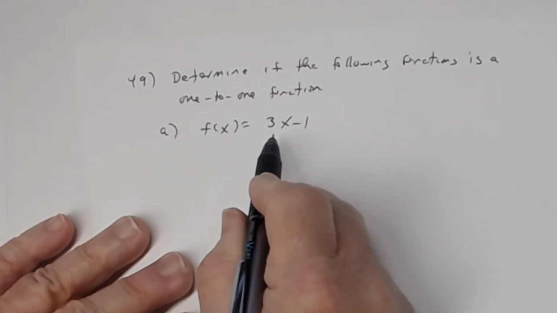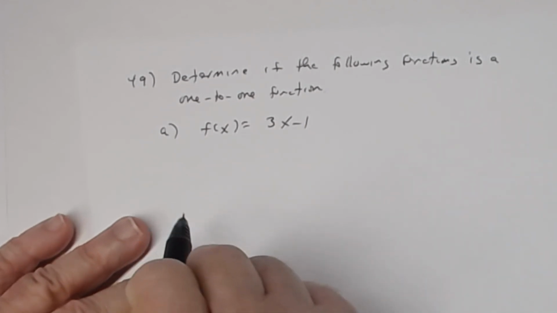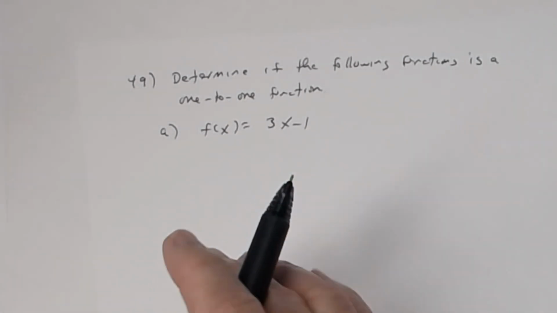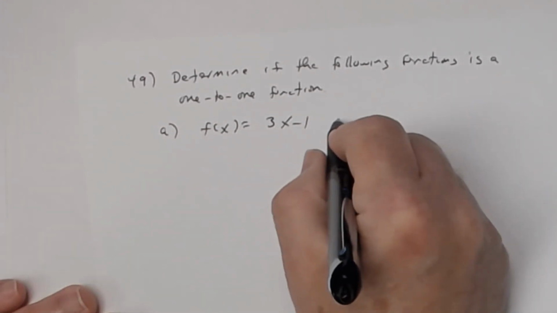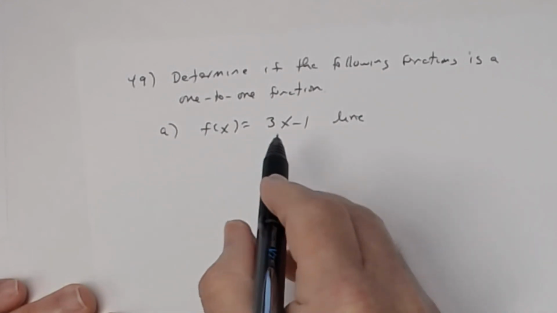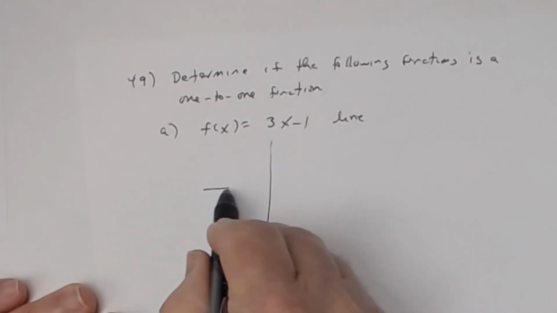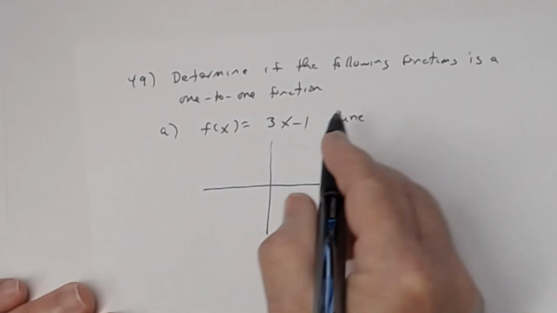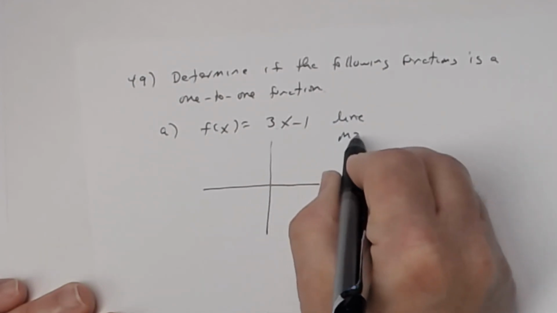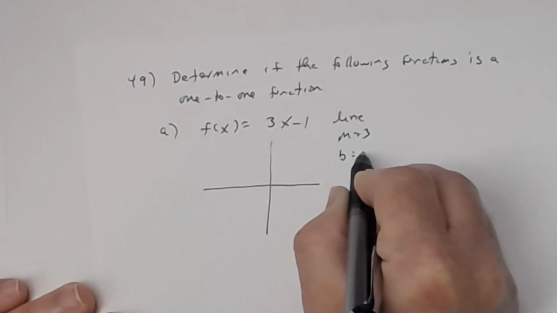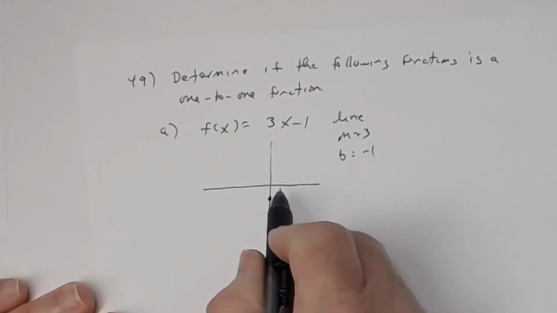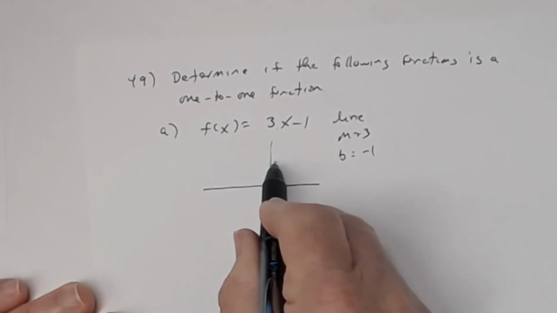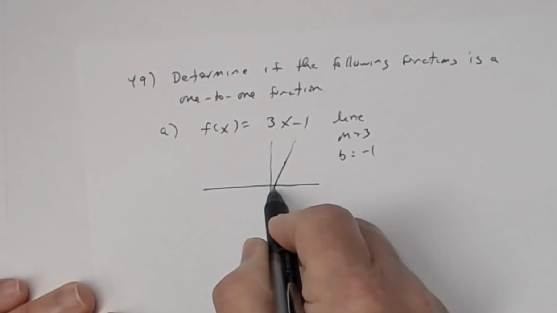And so if I look at f of x equals 3x minus 1, and you just have to do this in your mind, right? You don't have to use a coordinate plane. You know this is a line. That's a line, right? And so if I look at this line right here, and I think about the slope and the y-intercept, the slope is 3 and the y-intercept b is -1. So if this right here is the y-intercept, -1, and if the slope is 3, I go up 3, 1, 2, 3, and then to the right 1, I have this line right here.